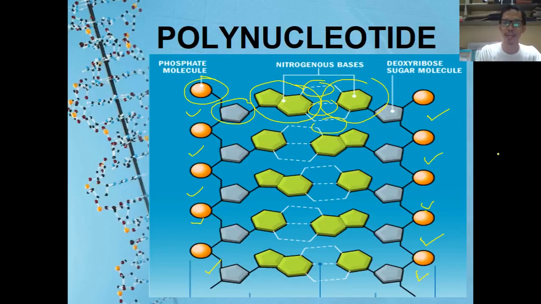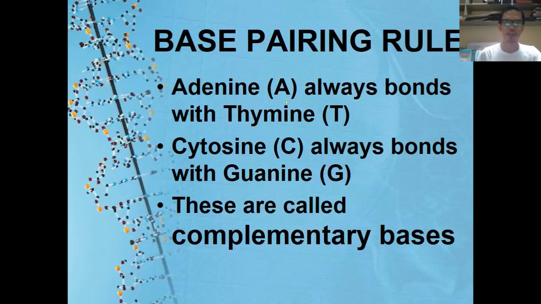Alright, so again, the nitrogenous bases are paired together properly in this particular polynucleotide. So how do we pair up these codes, or these letters, of the nitrogenous bases that are found in the DNA? There's always a rule.